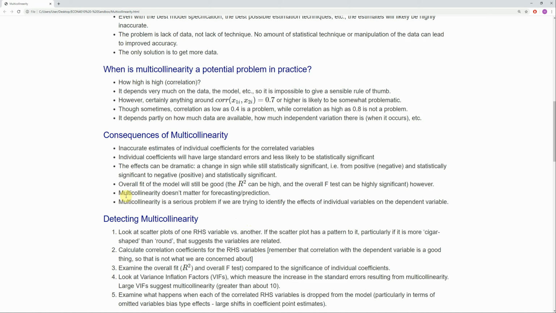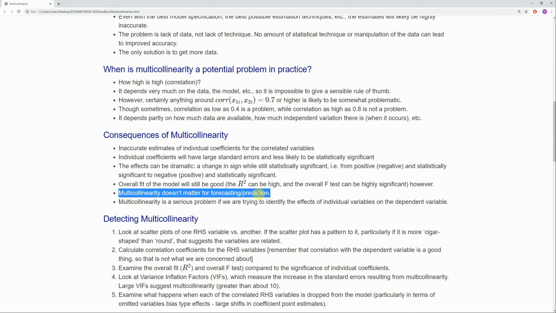However, this is a very, very important thing to remember. Multicollinearity doesn't matter for forecasting or prediction. In forecasting or prediction, your goal is to minimize the forecasting error.